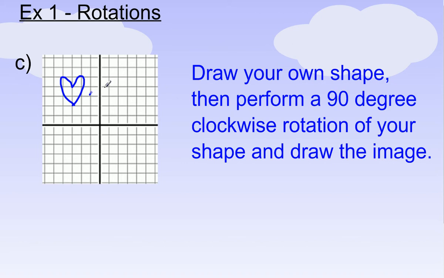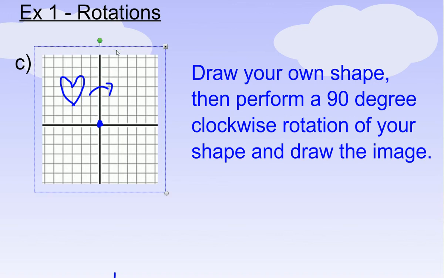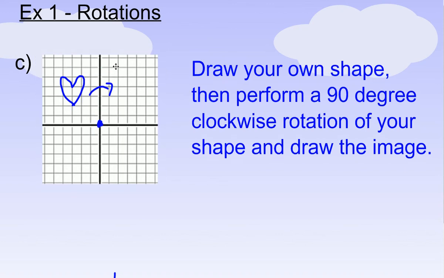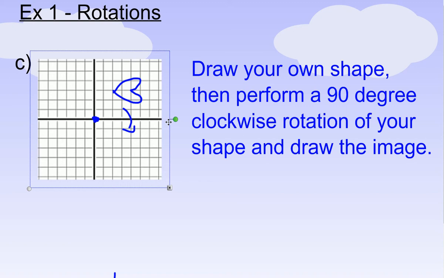So the clock spins this way, and I'm going to rotate it about the origin. So if I would imagine taking this whole shape and rotating it, look where the blue heart is going to go. If I rotate it clockwise 90 degrees, it needs to look like that.